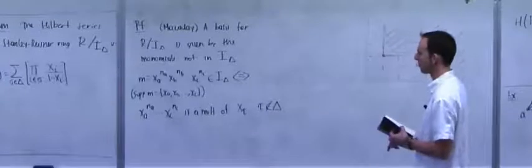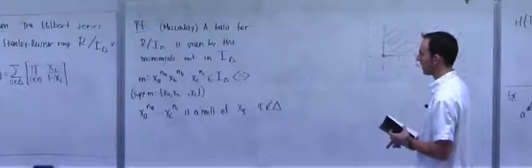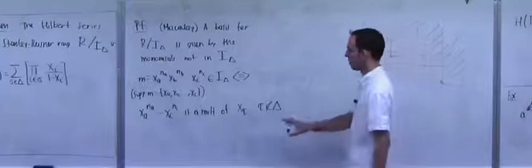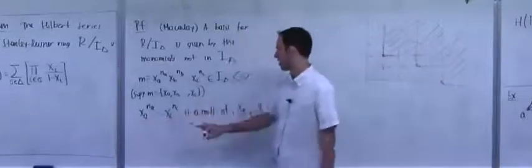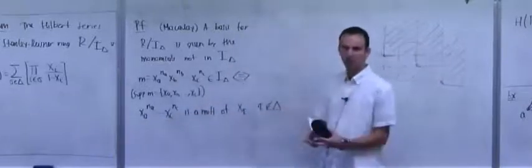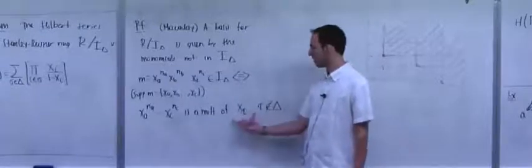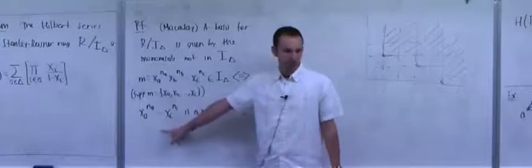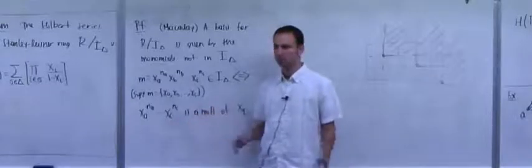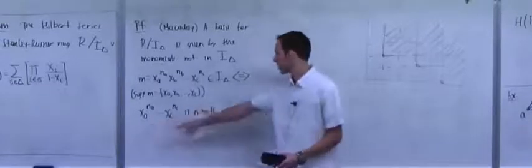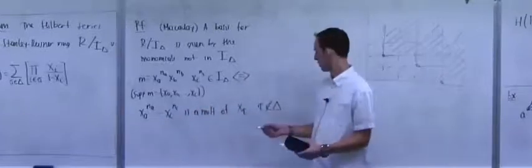Okay? But when is this guy a multiple of x sub tau? Well, x sub tau is a product of some letters, right? x_1, x_3, x_7. And you're a multiple of that if you contain a 1, a 3, and a 7. Right?